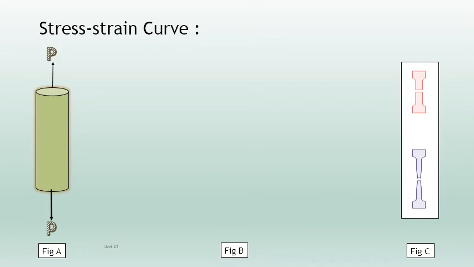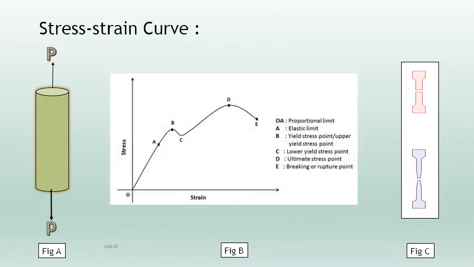While performing this test, we got a different plot here. In the x-axis we have strain and in the y-axis we have stress. From O to A, a straight line represents that stress is proportional to strain.